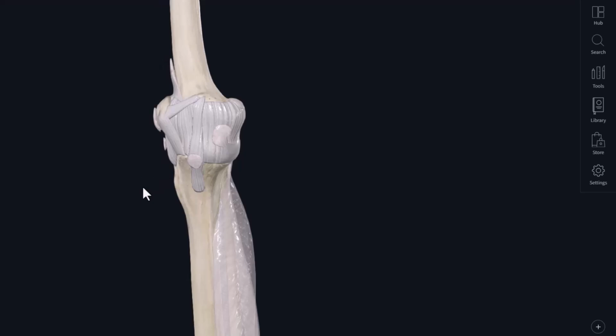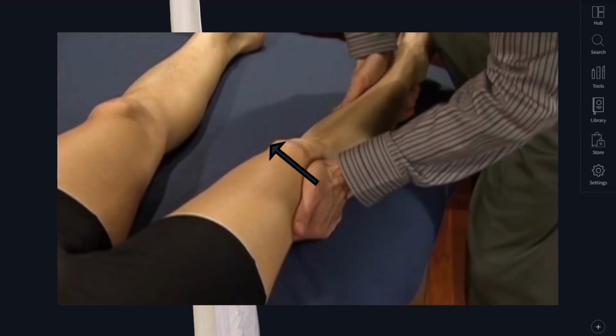Now, another common means of identifying ligament stress or ligament injury is with certain types of joint stress tests that will stress that particular ligament and see if it reproduces pain or if there is joint instability associated with it. For example, here's an image of the valgus stress test, which is often used to identify damage to a medial collateral ligament.